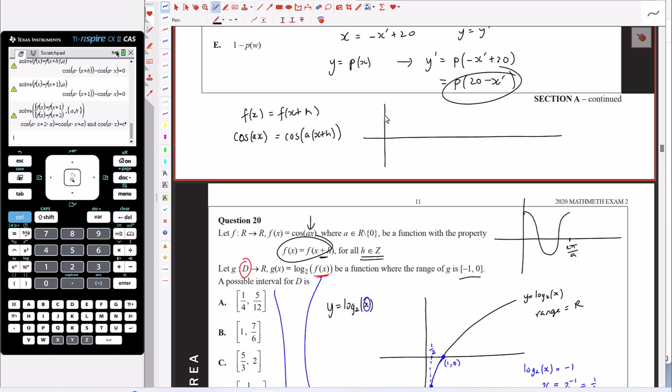So if a is 1, then this would be my cos graph, that would be 2 pi, and we could translate it to the right by 2 pi.